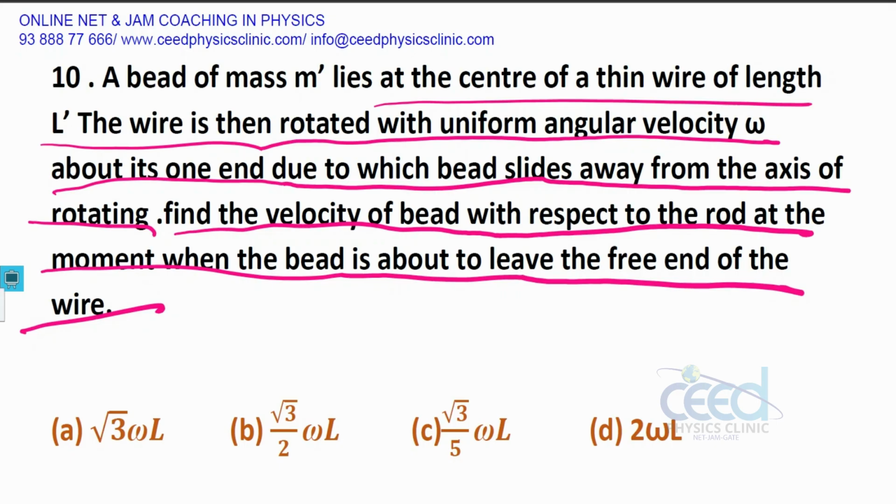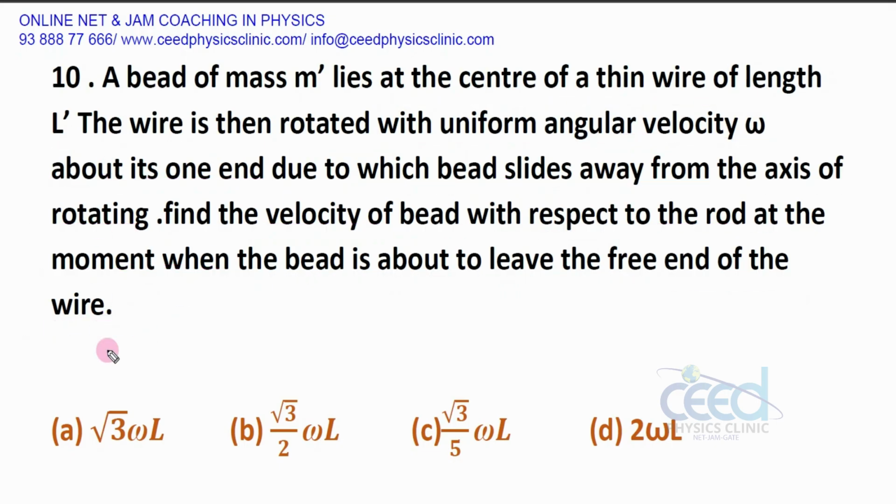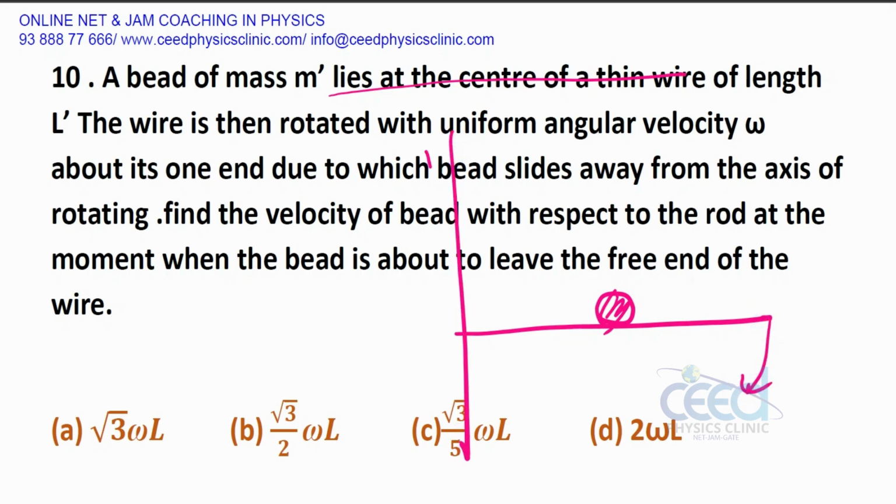So here, look, there is one rotating mass, a wire of length L. A bead of mass m lies at the center of the wire. Now this wire is going to rotate along this axis with omega.